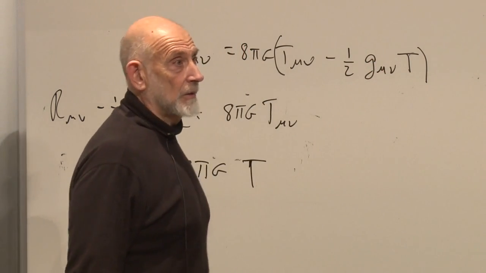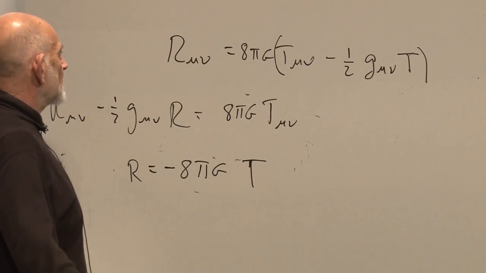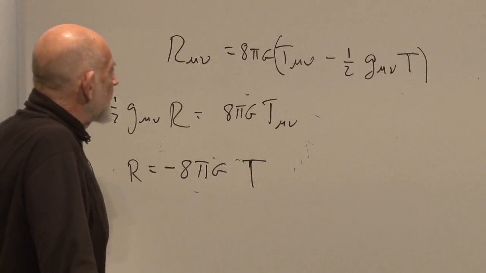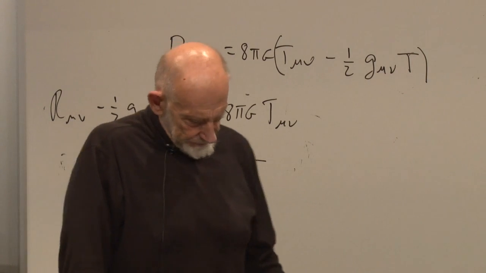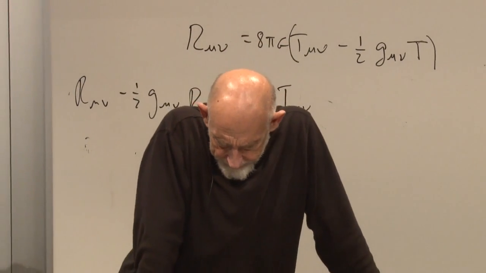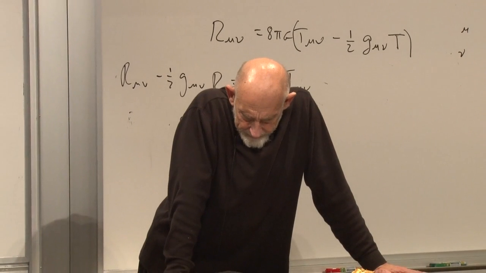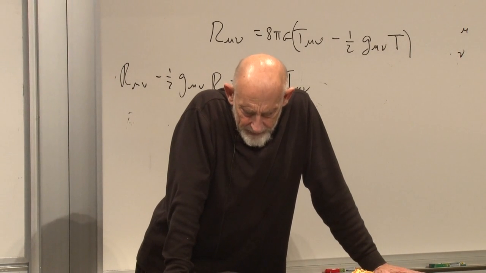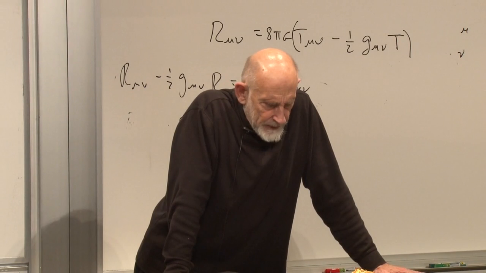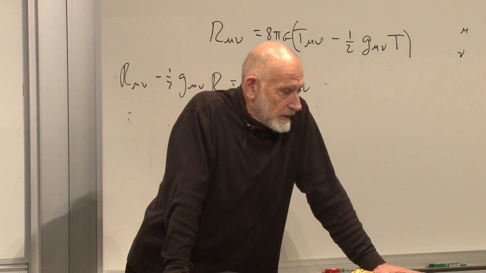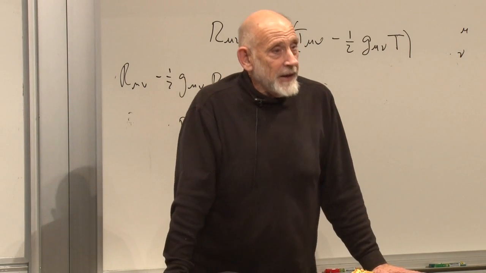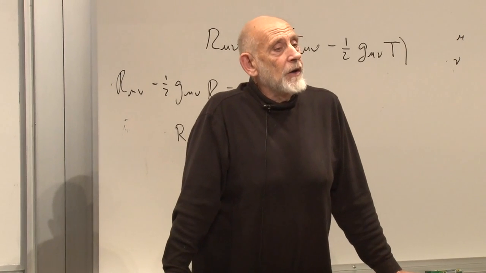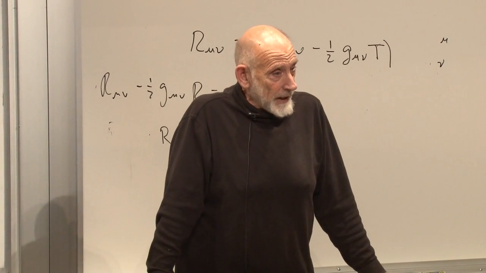Is there any physical significance to the scalar T? Yeah, it's called the trace of the energy momentum tensor. I'll tell you when it's 0. It's 0 for radiation, electromagnetic radiation.